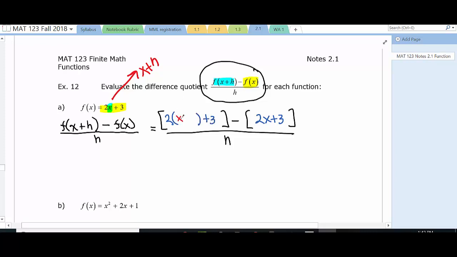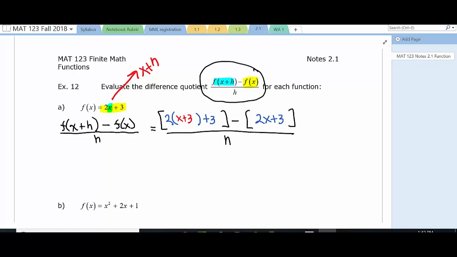Okay, let's look at this a little bit, because once you get the hang of how to set this up, then that's the first battle you got to do. So what goes here is whatever I gave you, right? What's the only difference between this and this? There's only one difference. The x became, well, that should be x plus h, not 3. I don't know why I put a 3 there. So it should be 2 times x plus h plus 3.